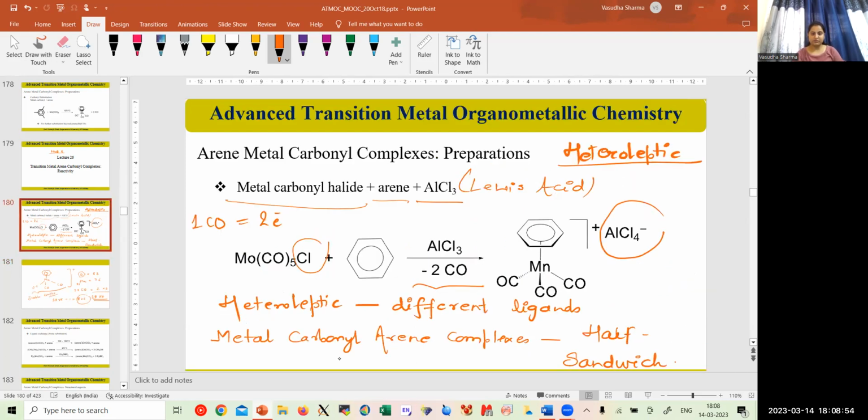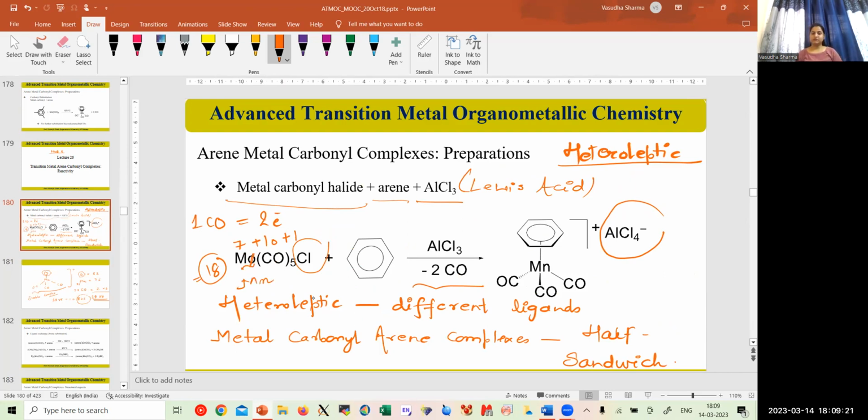So this is how what we started with here, and the metal here was 7 plus 10 plus 1, an 18 valence electron complex. We ended up having an 18 valence electron complex. The only difference is that here it was a neutral complex, whereas now it is a charged complex. Sorry for the mistake, it is manganese, not molybdenum.